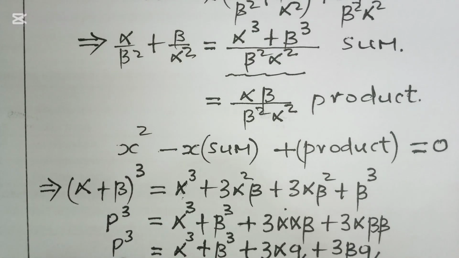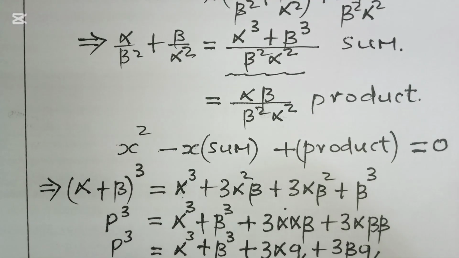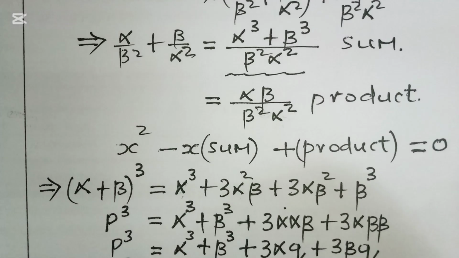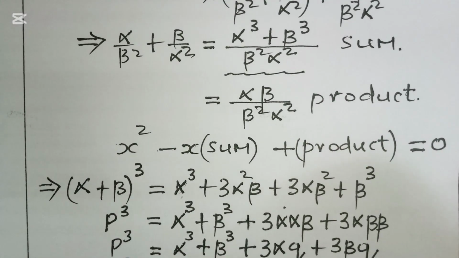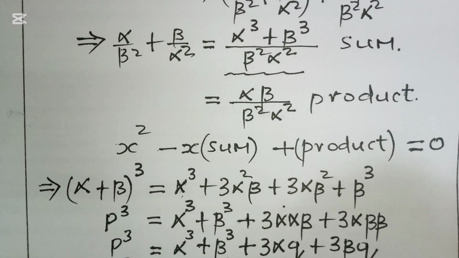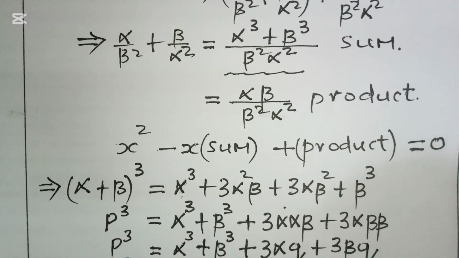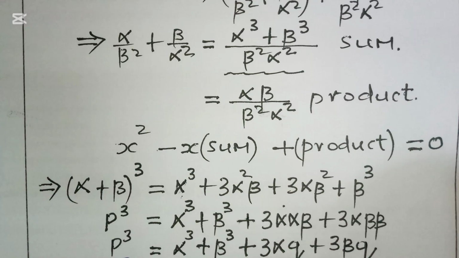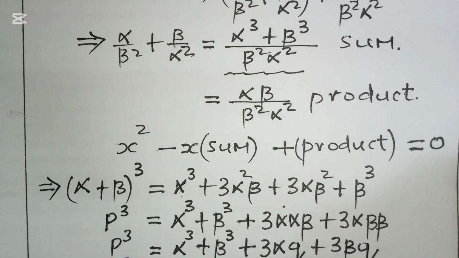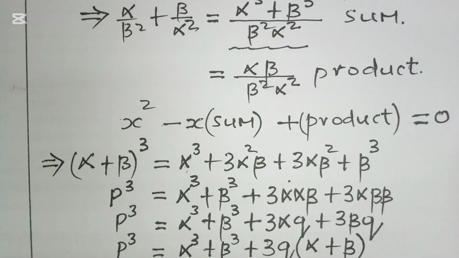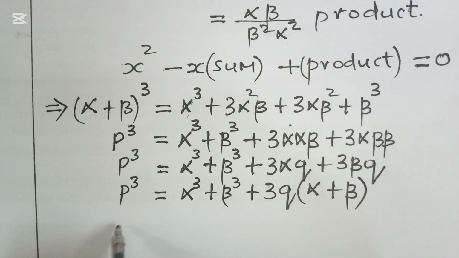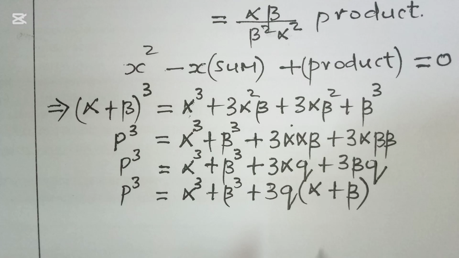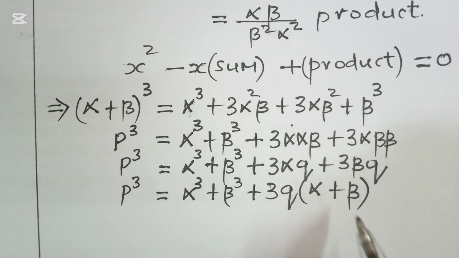So we shall have p cubed is equal to alpha cubed plus beta cubed plus I factor out the 3q, then I'll be left with alpha plus beta. And so therefore I can now replace for my p or q. So I can leave alpha cubed plus beta cubed on this side.